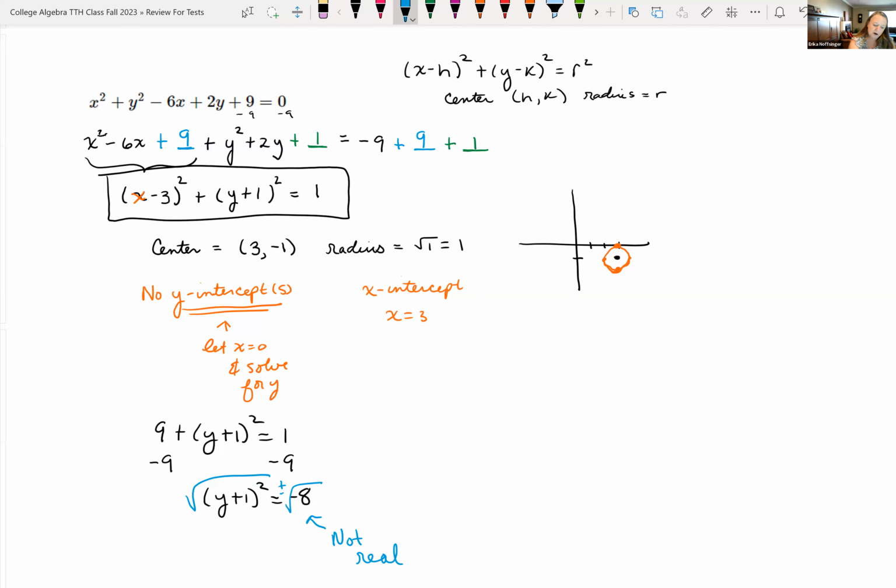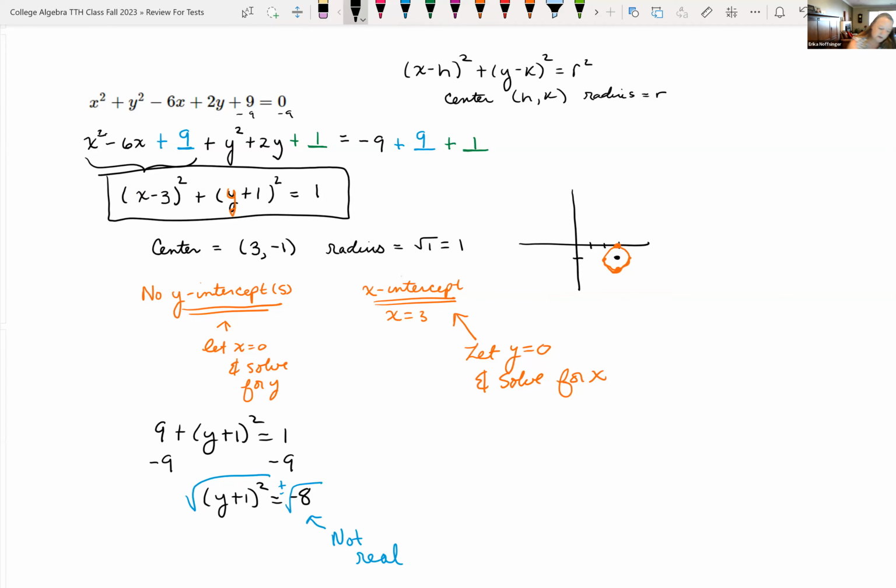So same sort of idea for solving for the x-intercept. X-intercepts, we know that y is 0, so we're going to let y equal 0 and solve for x. So let's plug in 0 for y this time.